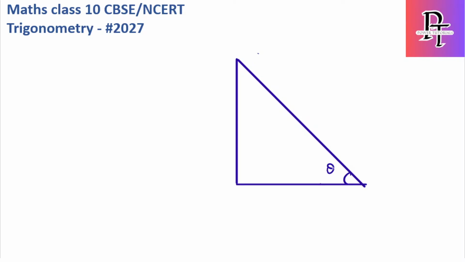If I say this is theta, then this is A, B and C. With respect to theta, this becomes the adjacent side, and this becomes the opposite side, and the longest side we already know is nothing but the hypotenuse.